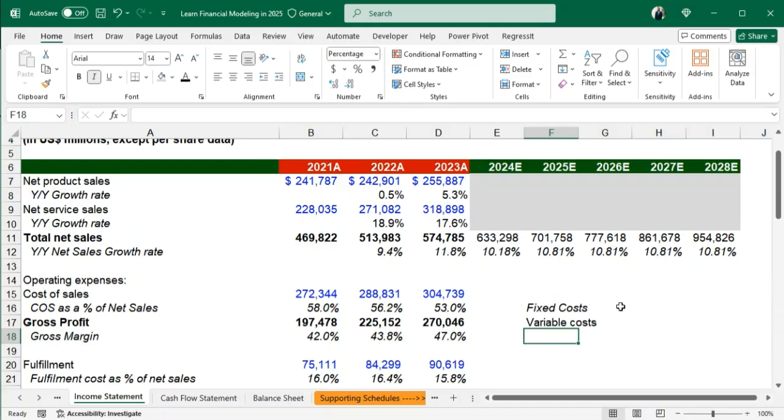Now cost of sales, which is our first operating expense here, is a variable cost item because it changes in proportion with our sales. The more our sales figures change, the more our cost of sales will also change. So it is a variable cost. Hence, we link it directly with revenue. That is why we calculated it as a percentage of net sales, as you can see here historically. All right, so I can delete this.